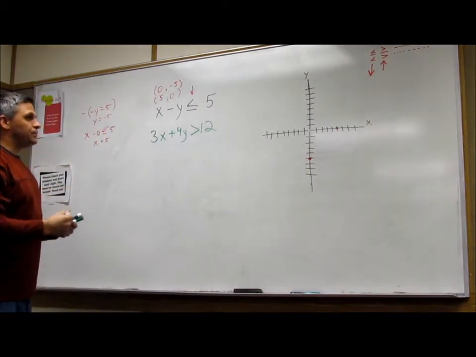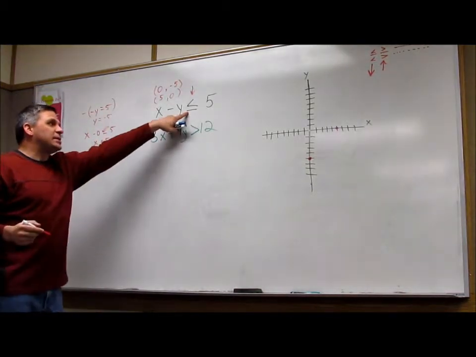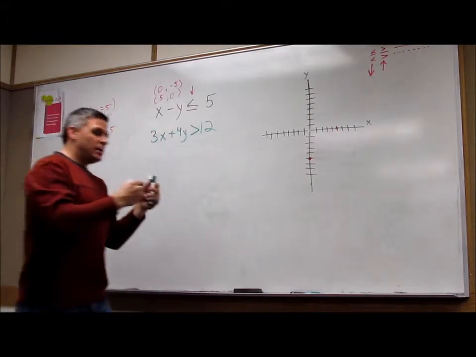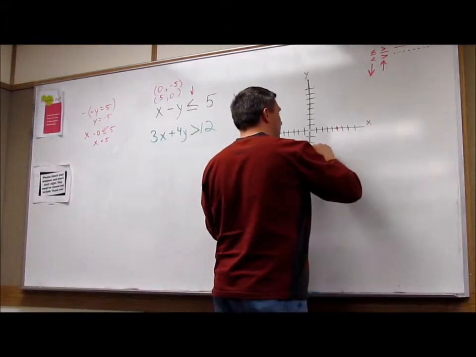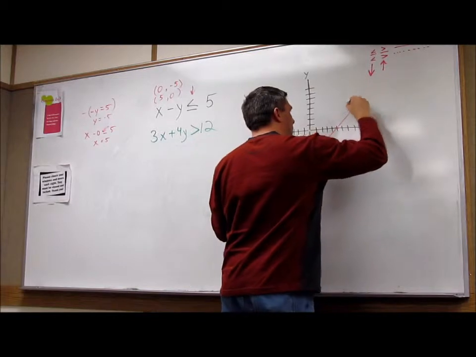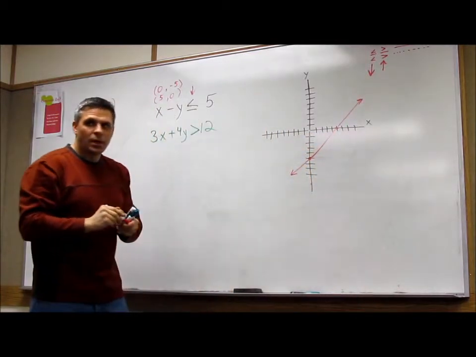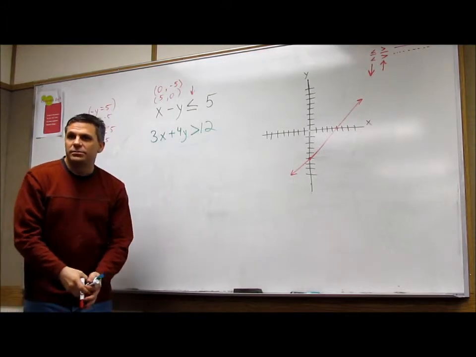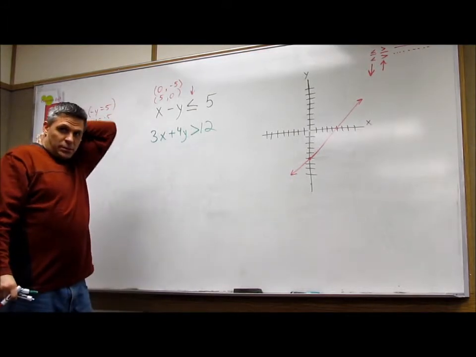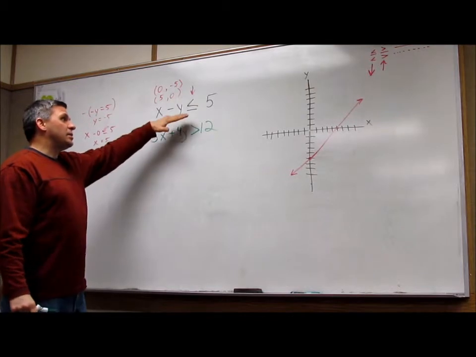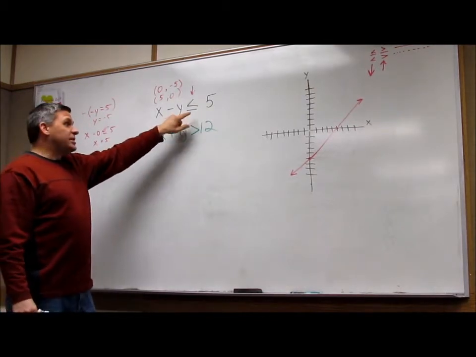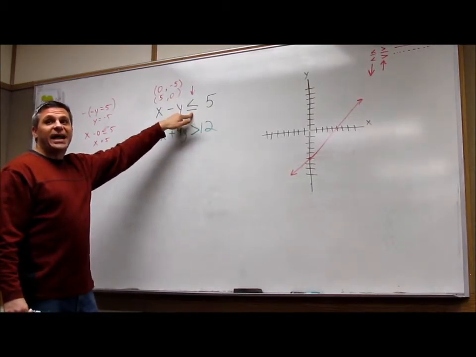Okay, so right now it tells me it's a solid line. So I might as well just make it solid. Should I put in the shade now? So here's the thing when I'm shading. This tells me that I'm shading down, right?